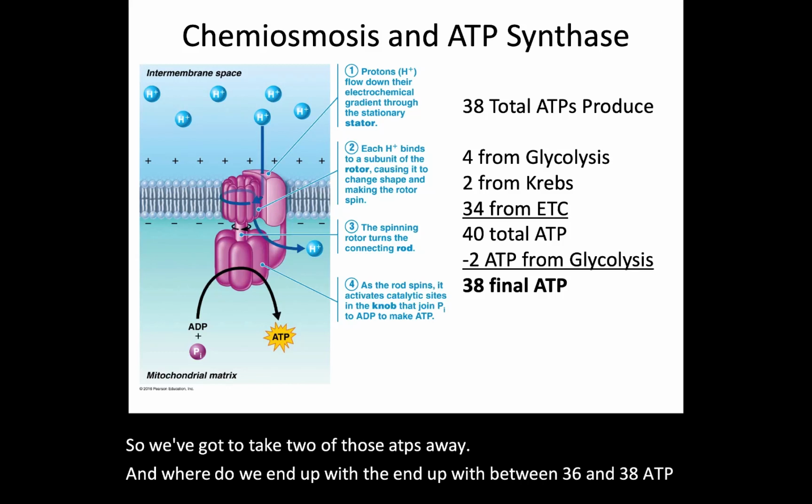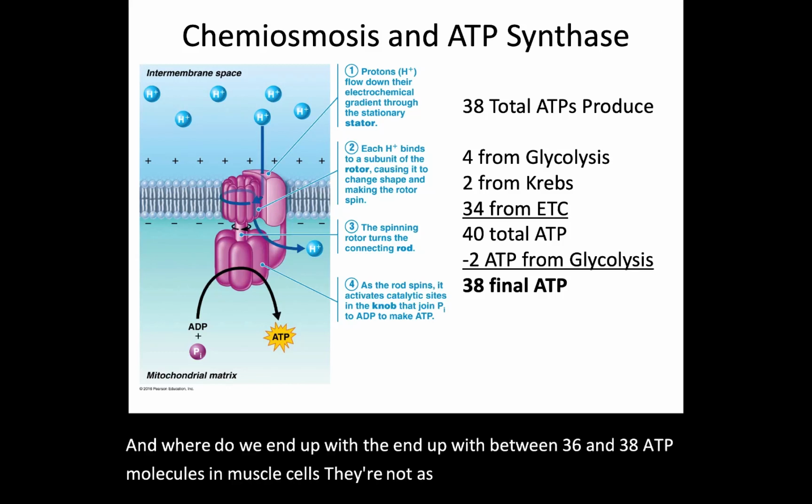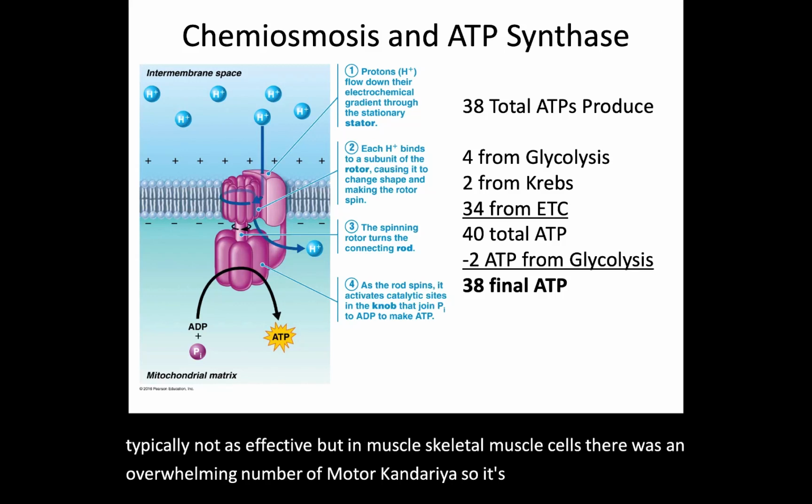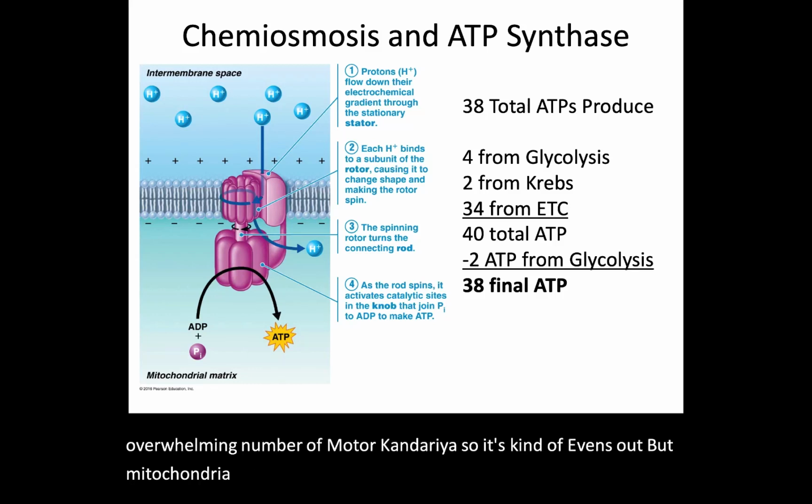In muscle cells, they're not as effective. The mitochondria is typically not as effective. But in skeletal muscle cells, there's an overwhelming number of mitochondria. So it kind of evens out. But mitochondria in skeletal muscle produce about 36 ATPs overall. All right.